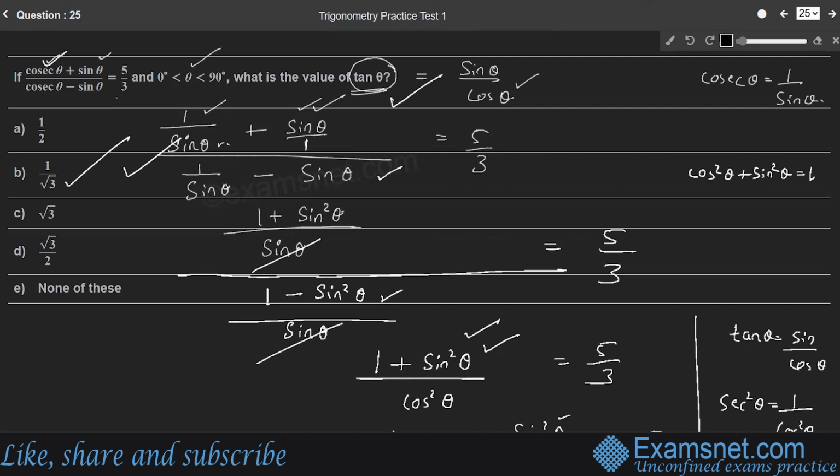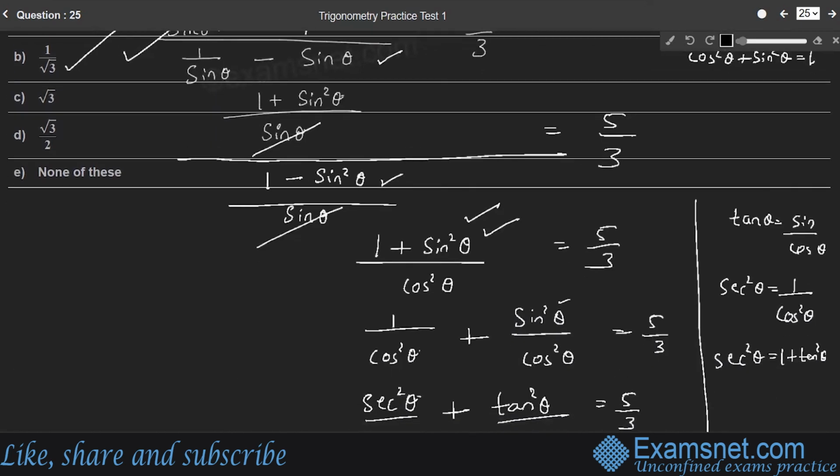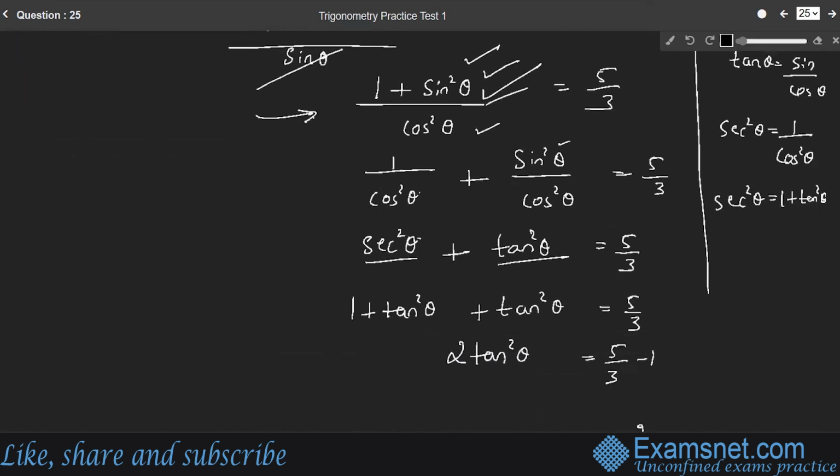So after simplification, we have 1 plus a sine square theta in the numerator here, which I am showing now, and cos square theta in the denominator, right? Again, express the LHS part by splitting. So we have 1 by cos square theta. So express the LHS part in terms of secant square theta, because already we have the ready-made value, which is 1 by cos square theta, which is secant square theta, right?